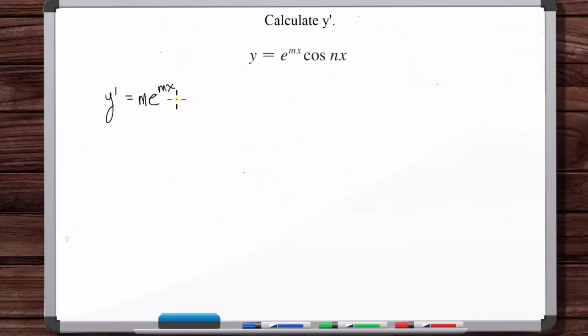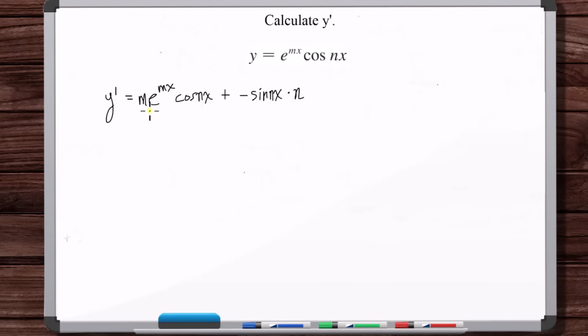Derivative of the first times the second plus derivative of the second. What is the derivative of cosine nx? Chain rule. Derivative of cosine of something is minus sine of that something times the derivative of that something. Derivative of nx is n.